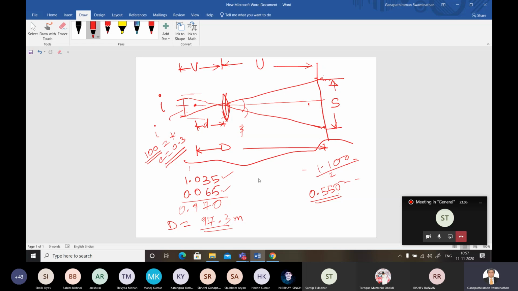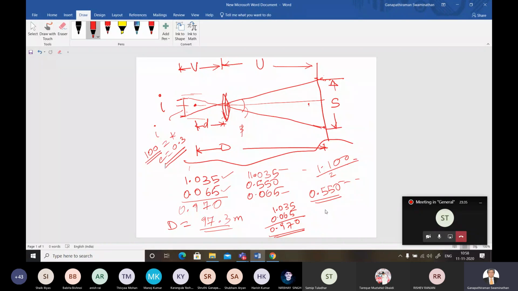So you will have the top reading 1.035, the middle reading 0.550, and the bottom reading 0.065. So between the top and bottom, the difference is 1.035 minus 0.065, which is 0.970.